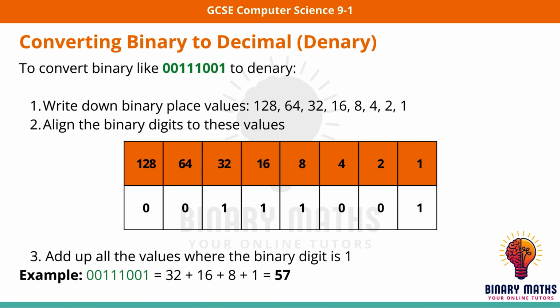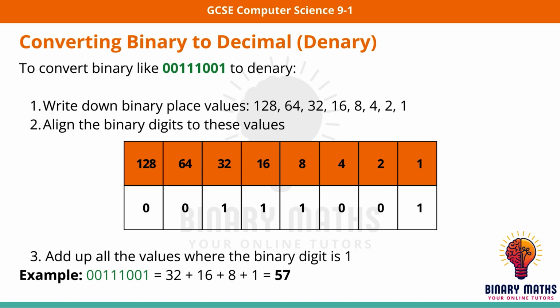Let's say you have the binary number 00111001. To convert it, you line up the place values, which are in the orange color. So the numbers from right to left will be 1, 2, 4, 8, 16, 32, 64, and 128. Next, you will write the binary digits underneath. You will then add up the place values where there is a 1 underneath them.